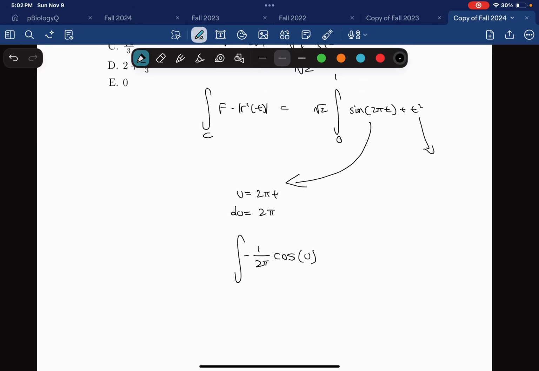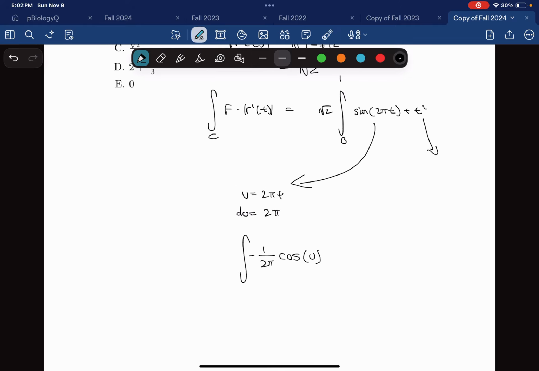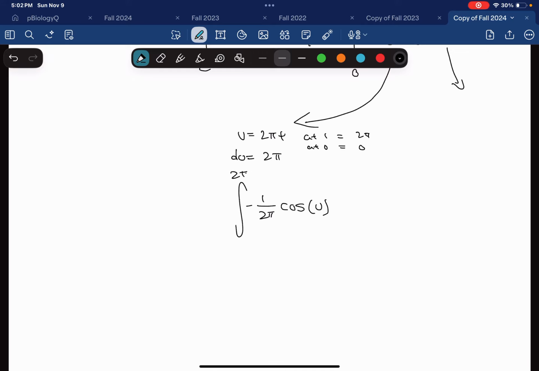And if we plug in our values, at t equals 1, u would equal 2 pi. At 0, it would equal 0. So you got 2 pi, 0.